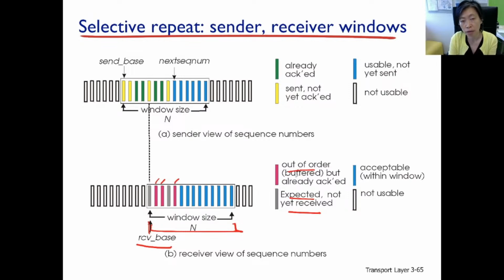These are the packets arriving okay, but out of order because there's a gap before them. So those are the out of order buffered packets. The blue ones are reasonable packets that are expected next. The black ones are just not possible. So if we receive packets after receive base plus n, we'll just treat these as maybe hacker-injected packets, spoofed packets, things like that.